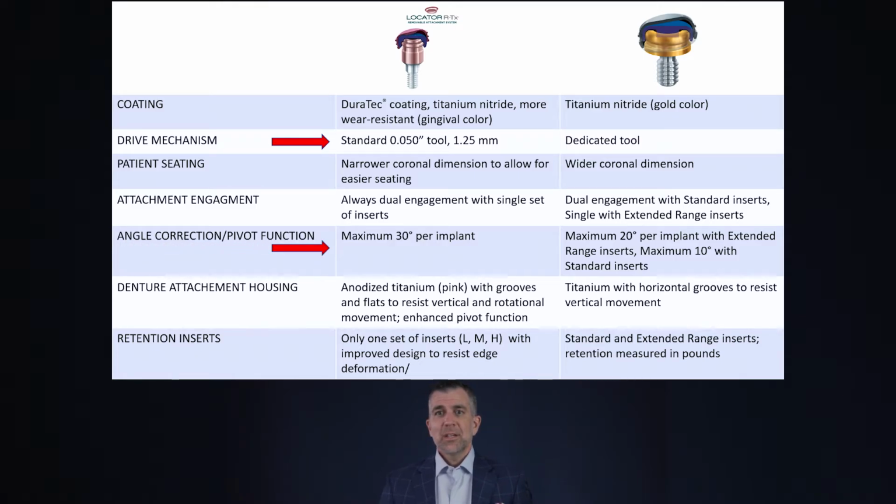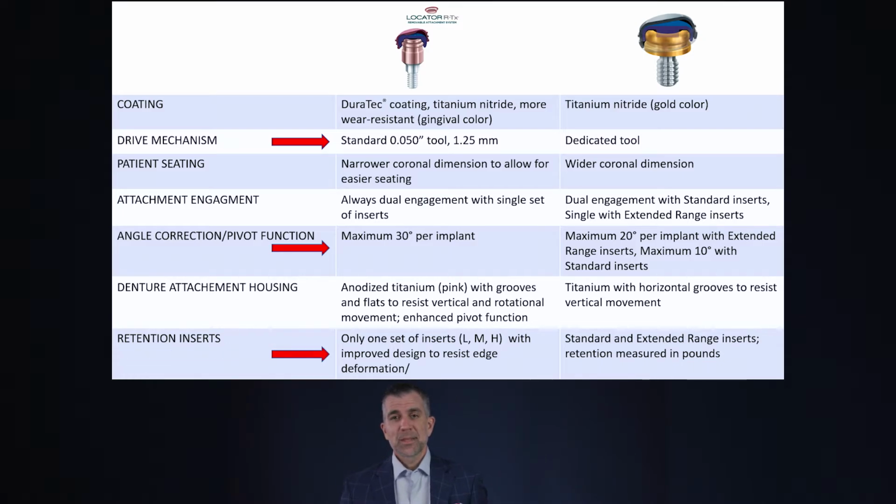Additionally, as opposed to the previous locators, which had only a 20 degree maximum divergence between the implants, and that was with extended range inserts, a 10 degree maximum with the standard inserts, the new Locator RTX allows a maximum of 30 degree divergence between implants, and you'll still get an adequate fit and adequate retention.